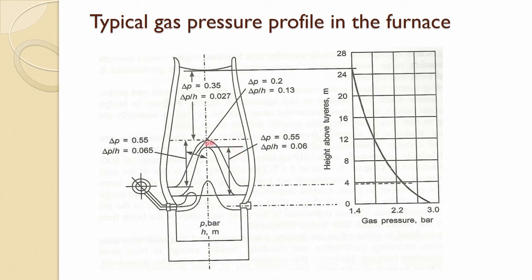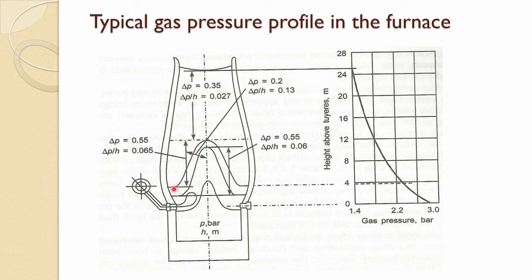So, a very high pressure drop exists in the lower part of the blast furnace, and across the cohesive zone, in fact, the height is very low, yet the pressure drop is quite high, which is also indicated by this pressure gradient, a very high gradient, almost one order of magnitude.